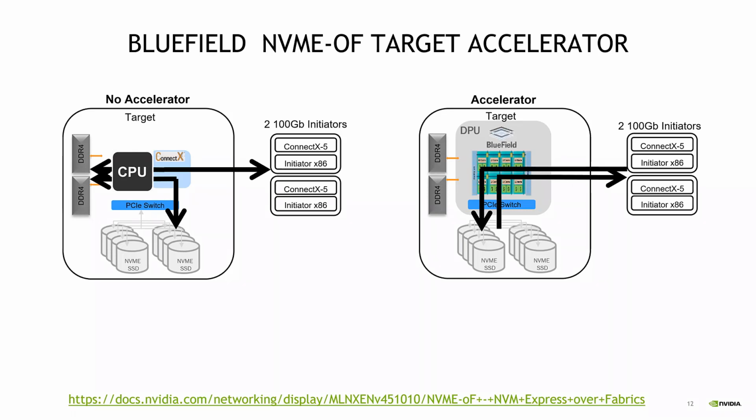It's running software. So that x86 is running software that basically converts NVMe over Fabric's protocol on the network ports to NVMe on the PCI bus and then back again or vice versa. This software is made up of the network adapter driver, the NVMe over Fabric stack, the operating system block layer, and the NVMe SSD driver.